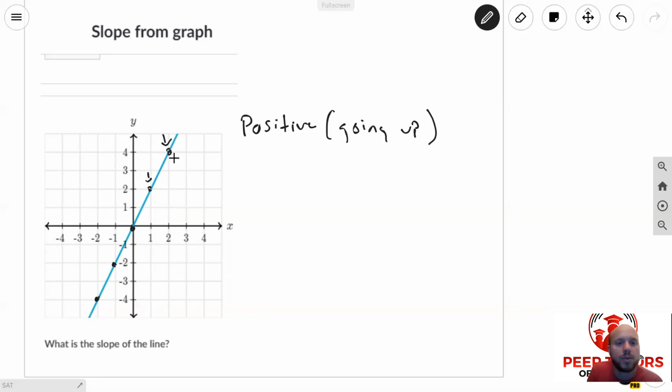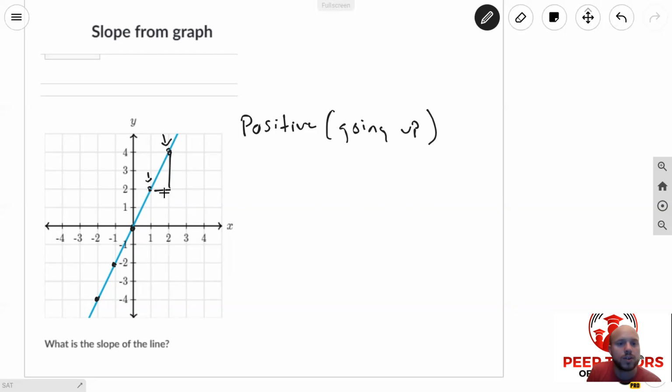So now I'm going to draw a right triangle. Okay, so if you're writing down the steps, step 1, pick 2 points that you can identify because it crosses right through integer coordinates. Step 2, draw a right triangle, and now we're going to label the horizontal and vertical side.